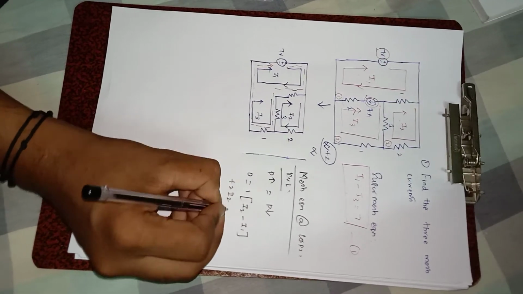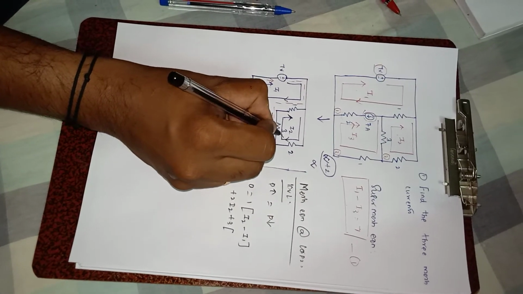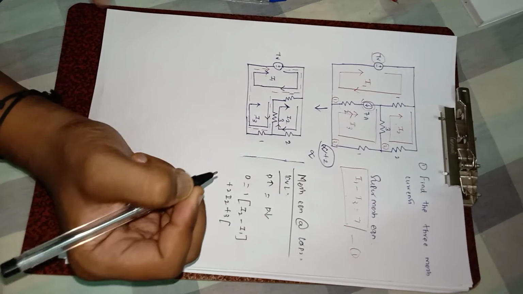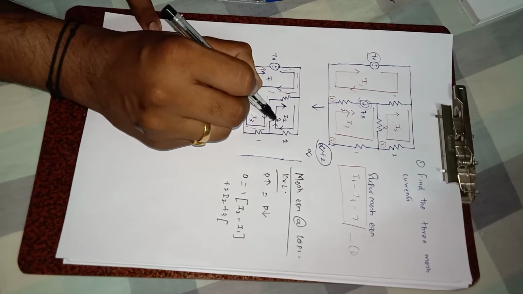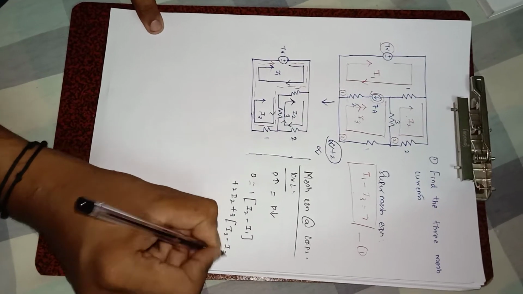Then plus 3 times, for the 3 ohm resistor, I2 is flowing in this direction, whereas I3 is flowing in this direction. So both are in opposite directions. Now the major current is I2, so I2 minus I3.